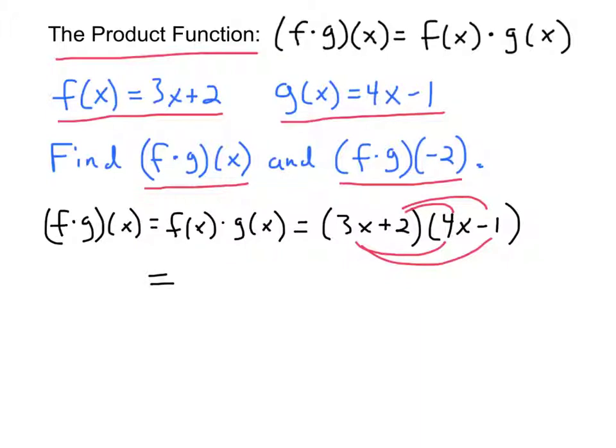And so when we do that, we'd have 12x squared minus 3x plus 8x minus 2. And then when we combine our like terms together, negative 3x plus 8x would be positive 5x.